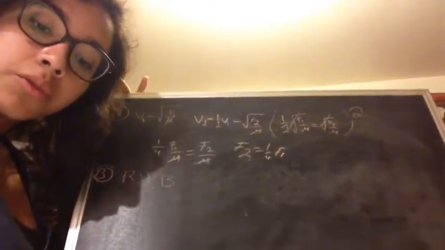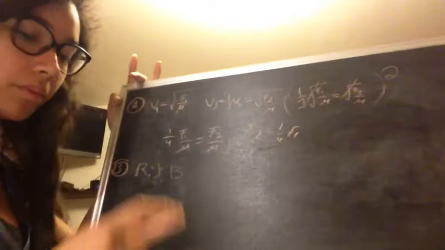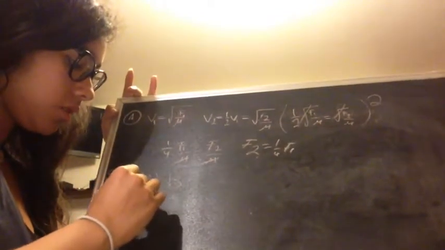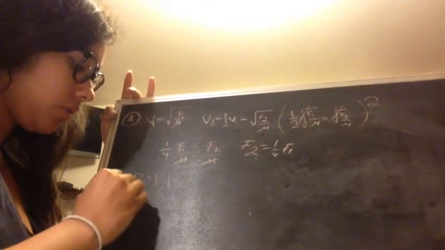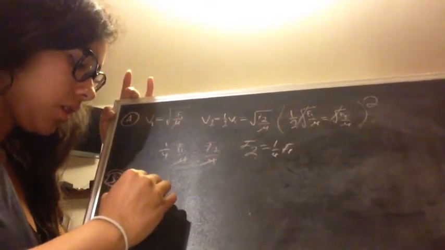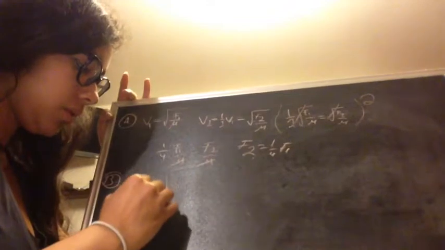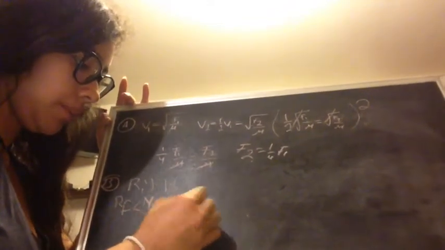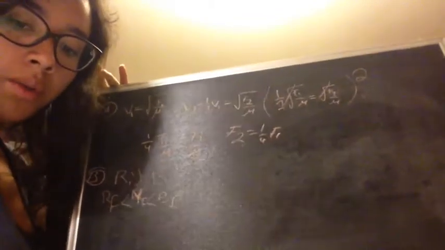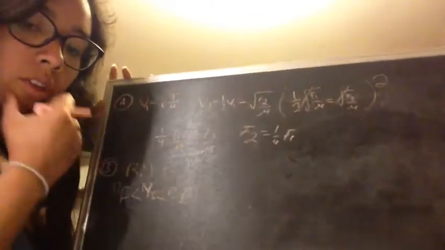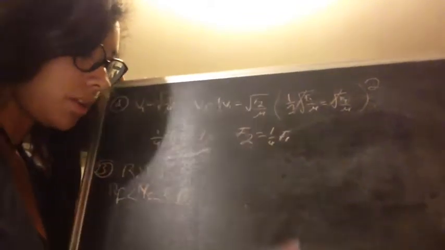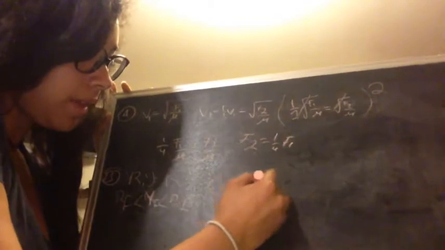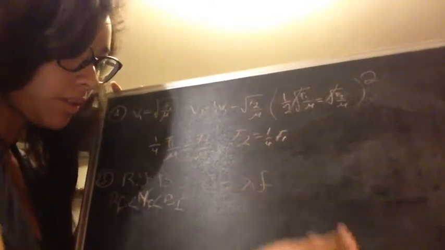So its frequencies: the red frequency is smaller than the yellow frequency, than the blue frequency. And we have that the speed of light, when talking about color, is lambda times the frequency.